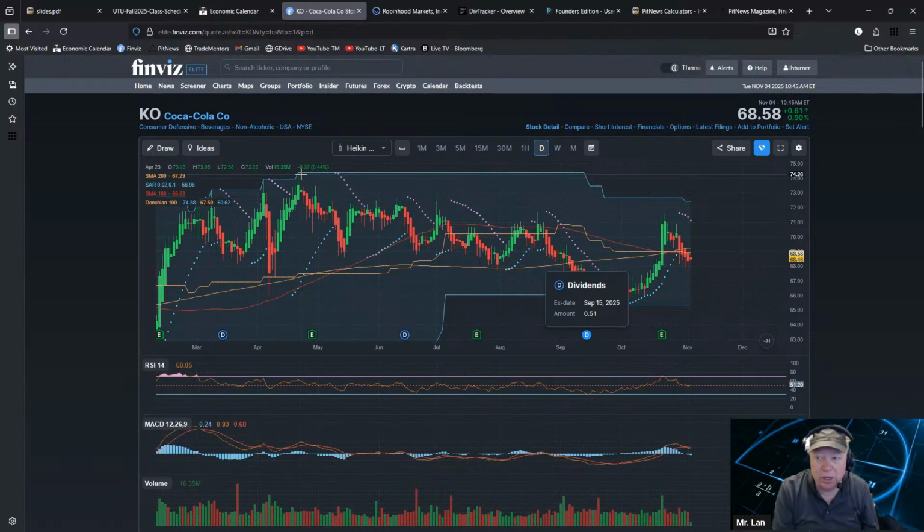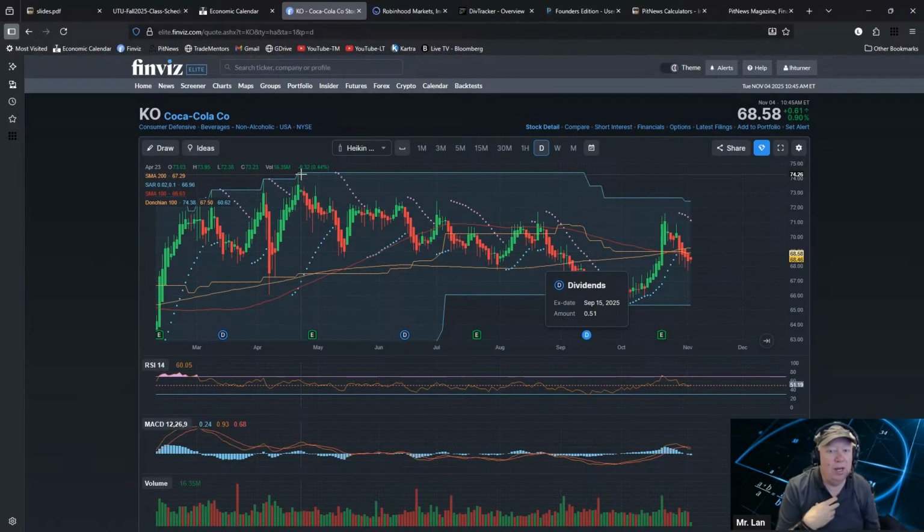So if you bought your shares up here and you paid $74 for them, you're still going to get the same 51 cents per share, but you paid $74 for them. I paid $68 for them. Therefore, we're both going to get 50 cents, but I'm getting a higher return on my money, right?